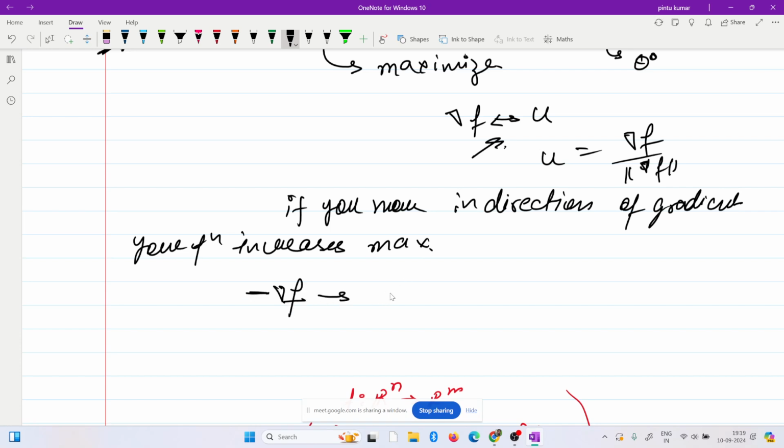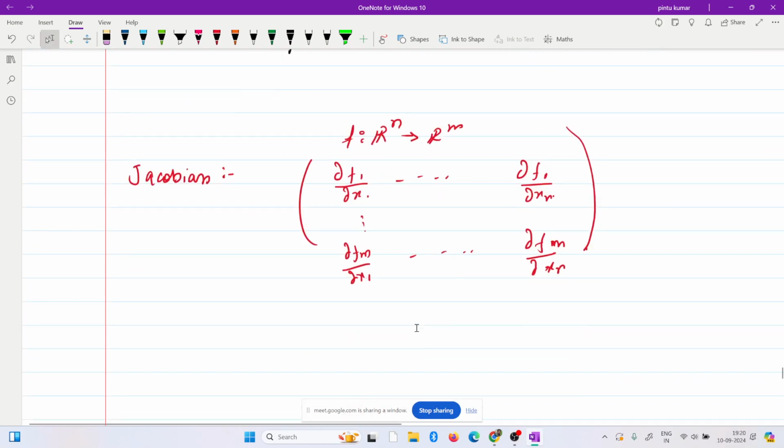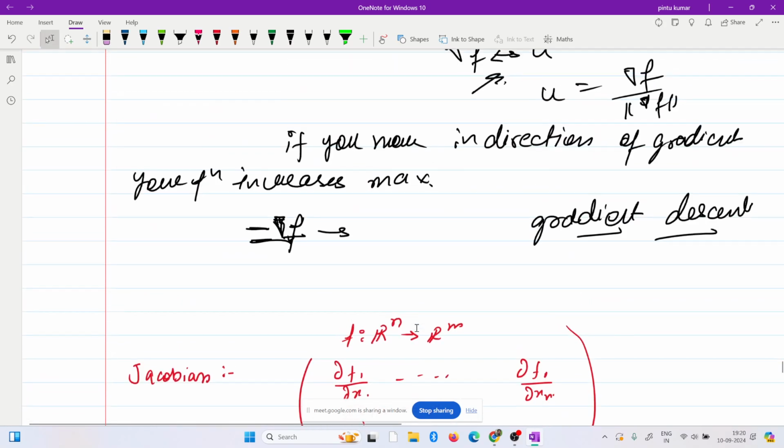You might have heard of gradient descent, right? Gradient descent is named because of this negative direction. You move in the negative direction of gradient in order to reach a minimum point of f. If you move in the negative direction of gradient, you are moving fastest towards the lowest point possible. So this was about gradient.